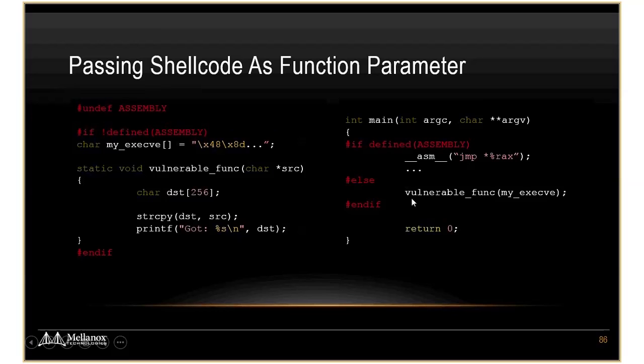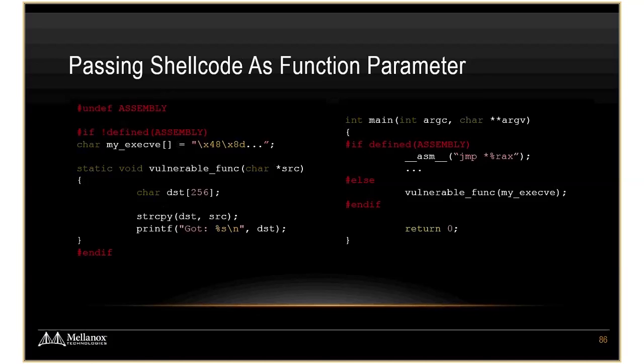So I added the function vulnerable_func. What vulnerable_func is, it's got its buffer which I'm going to overflow. And there's the call to strcpy, which copies the source into the buffer. And this is what I'm going to try and now trigger.